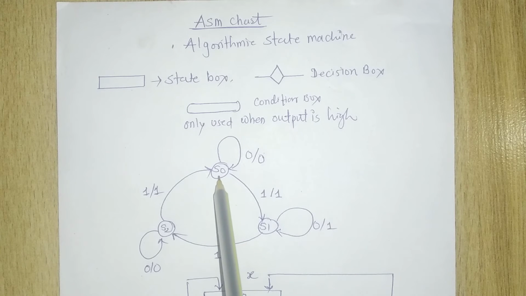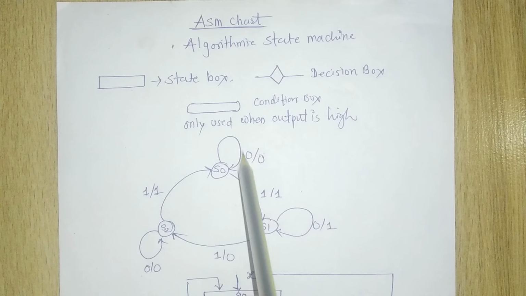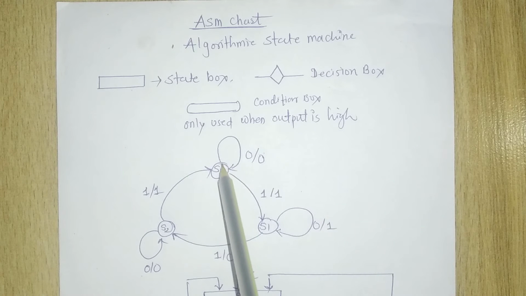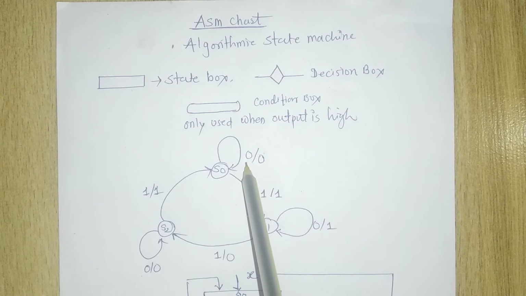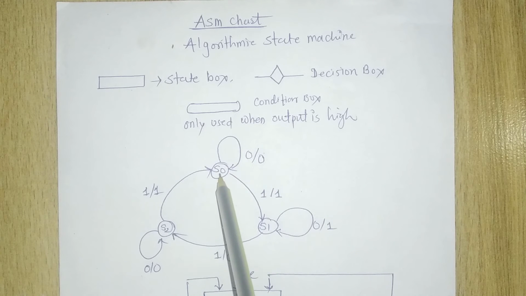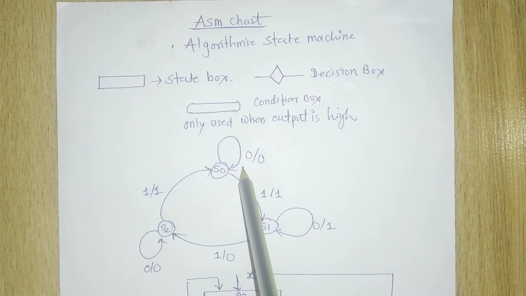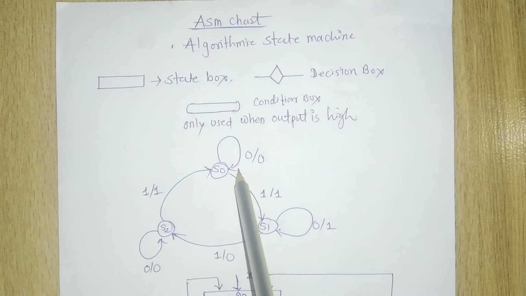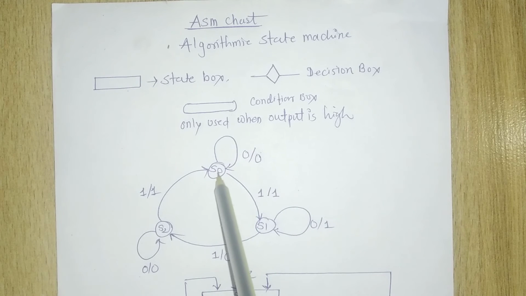Now this change is called a state transition. Suppose S0 is a state, and we are going to give input to S0, and suppose that input is a 0, then this state S0 will go to the same state. If input is 0, then this state will go to the same state.